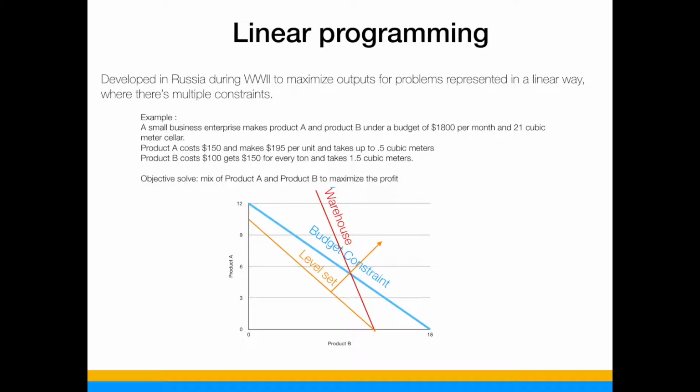Given a budget of $1,800 per month, and also product B, for example, we have a business that is trying to make two products, A and B, and they only have $1,800 per month and 21 cubic meters in a warehouse.